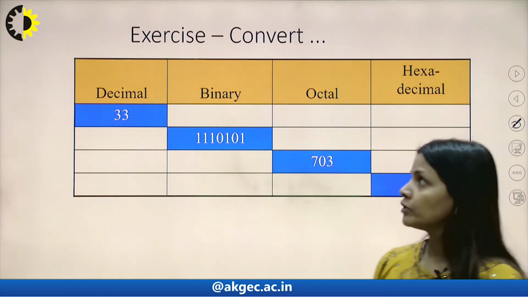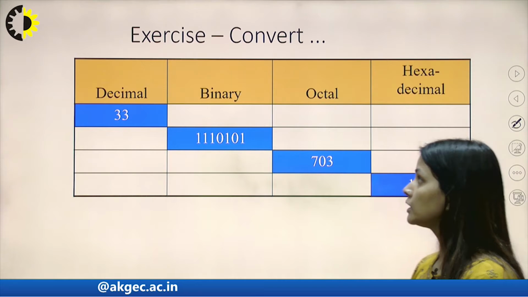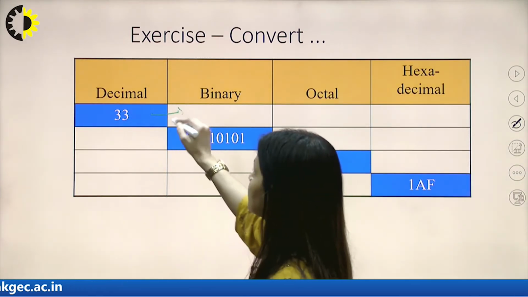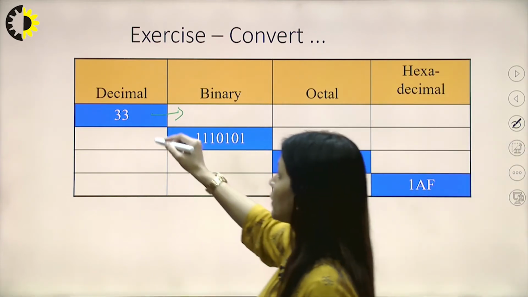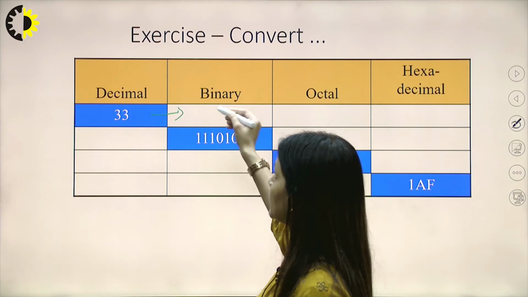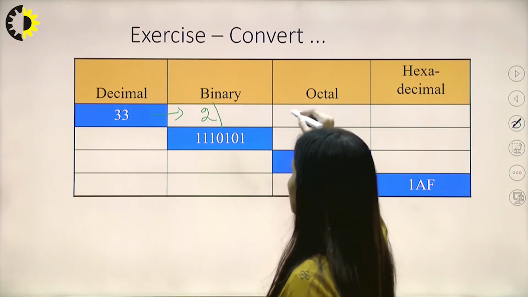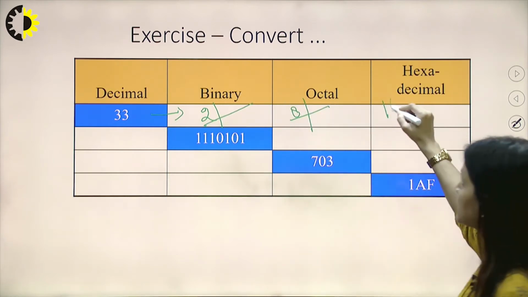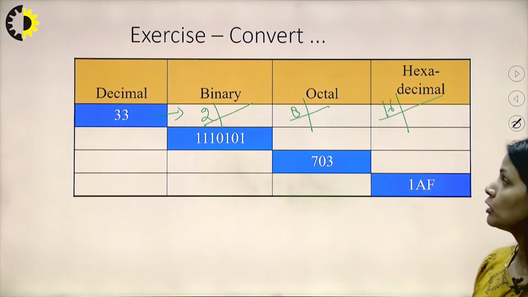Let us consider one exercise for converting all the codes into each other. If we are given 33, we need to convert it to binary, then octal, then hexadecimal. For binary we divide successively by 2, for octal we divide successively by 8, and we divide by 16 successively to get the hexadecimal code.